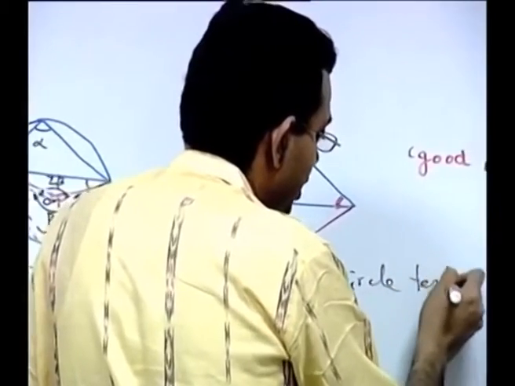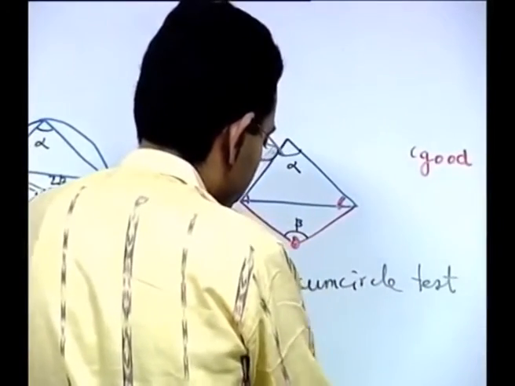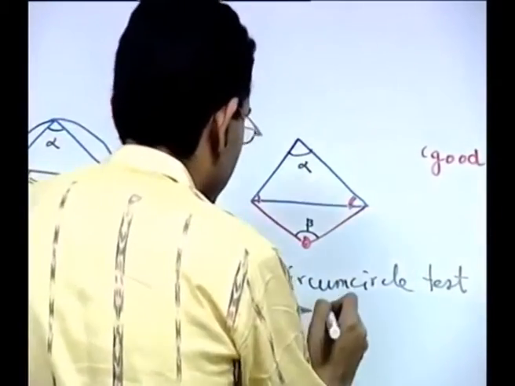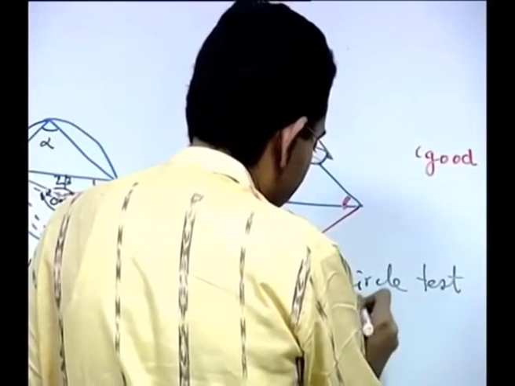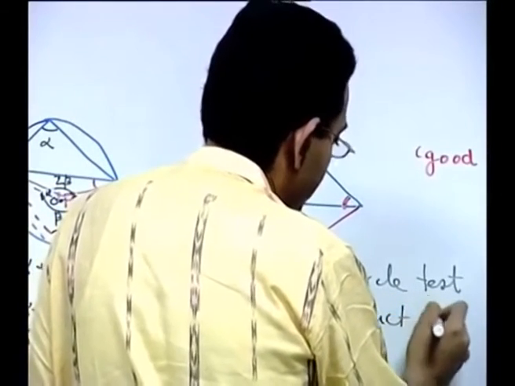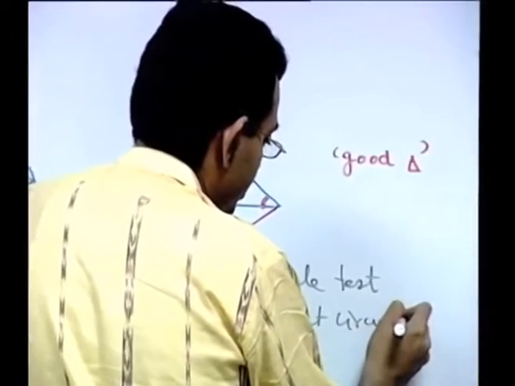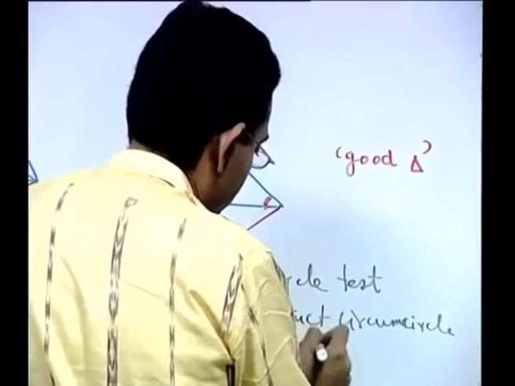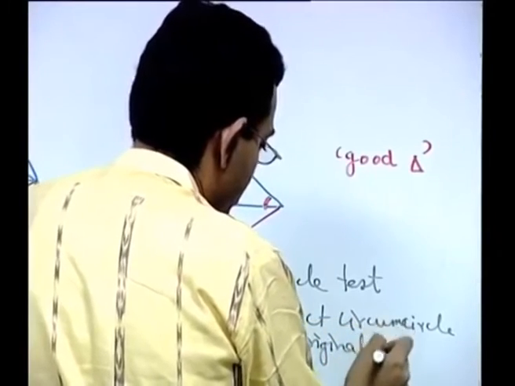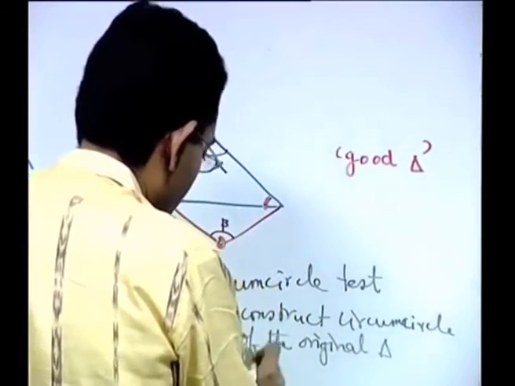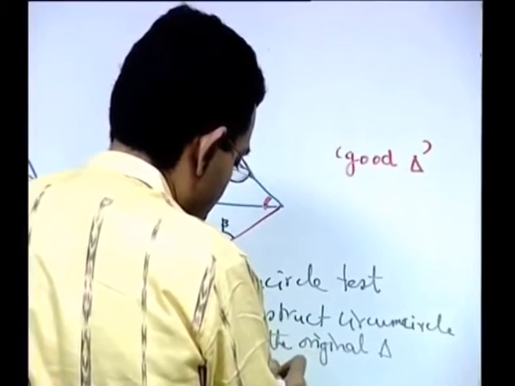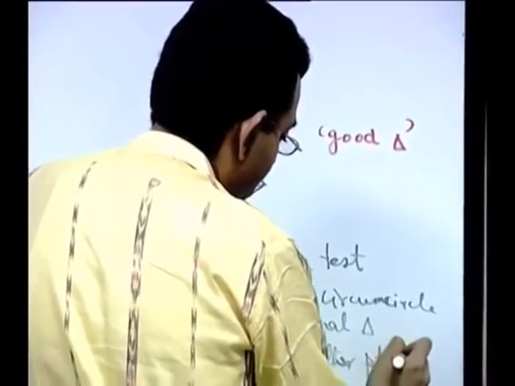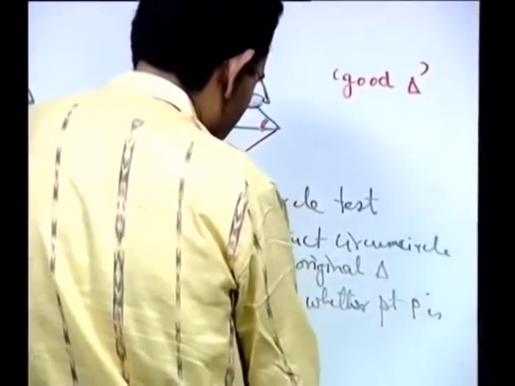So, in the circumcircle test, what do you do? Construct the circumcircle of the original triangle, check whether point P is outside the circumcircle.